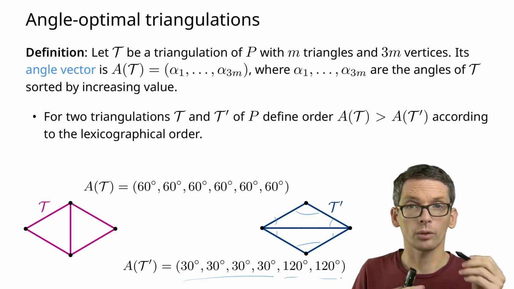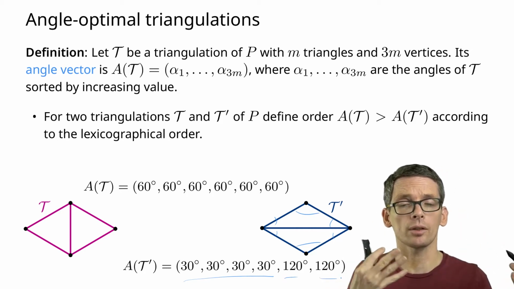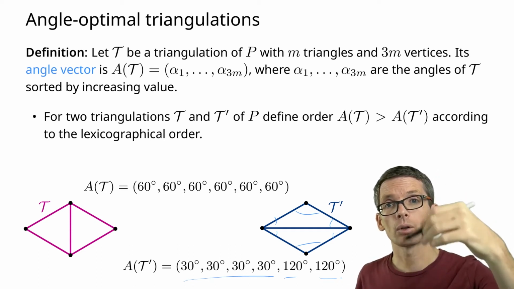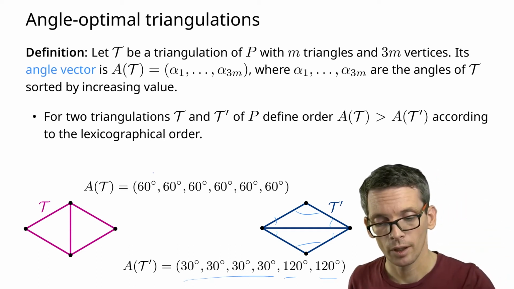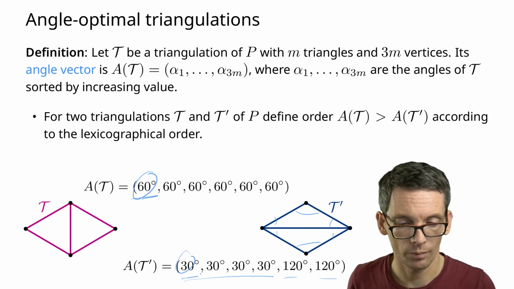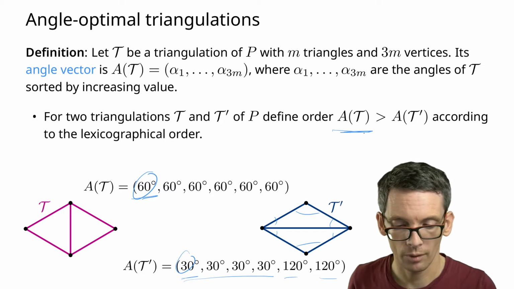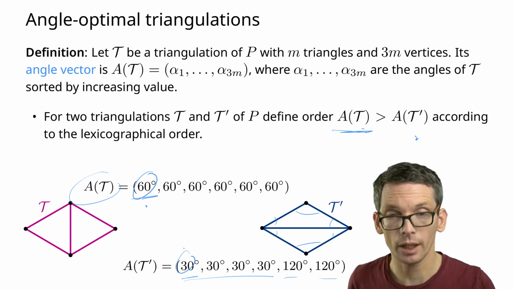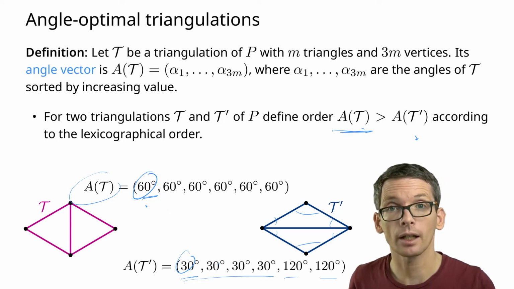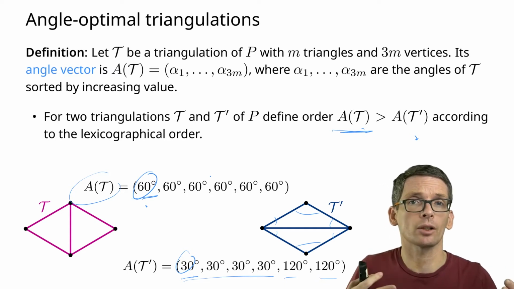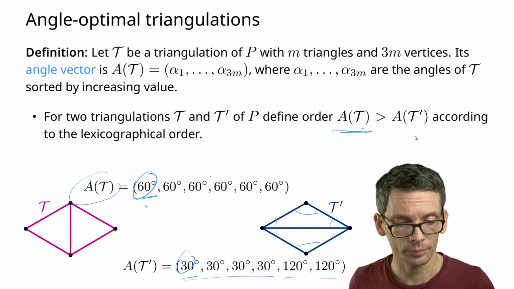And now we're going to compare triangulations based on lexicographical ordering. So what we're saying is we're going to look at the smallest angle, in this case 60 and 30, and then sort them based on that value. So this one will be higher in the order because it has a higher value here. If they would have both had a 60 here, we would have looked at the next one and the next one and the next one and so on. So that means that we're doing lexicographical ordering.